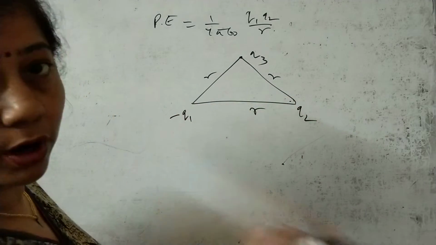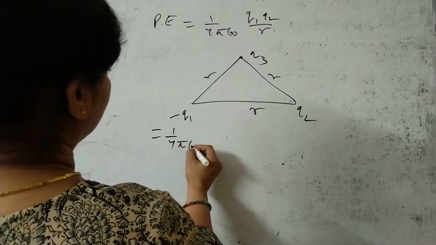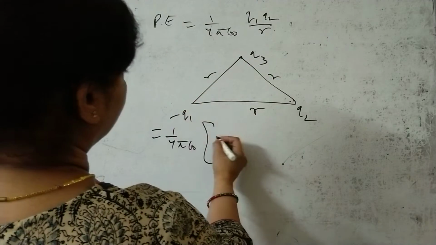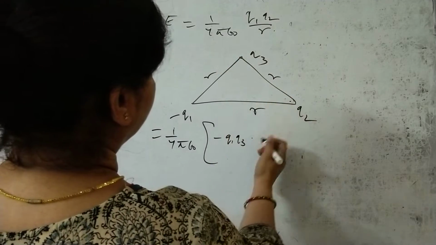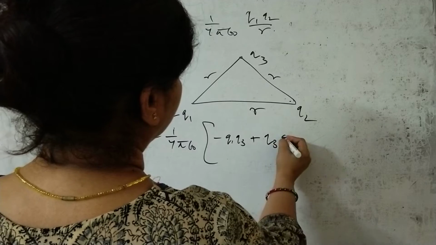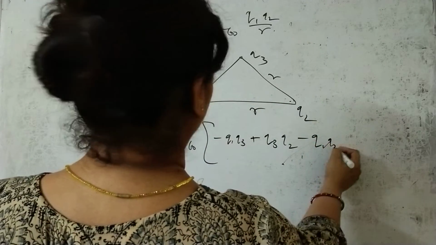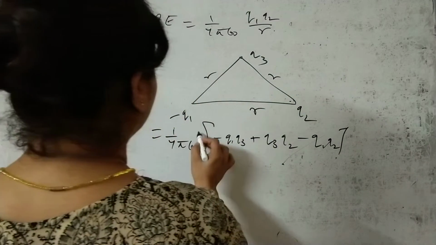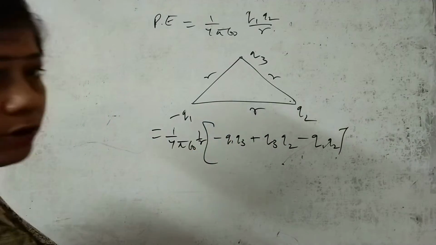You have to see that all have interacted. So we have 1 by 4 pi epsilon 0 as common, and let us assume we interact Q1 and Q3, so it is minus Q1 Q3, then Q3 Q2, and then minus Q1 Q2. Because the distance is the same throughout, you can divide by r, or take r outside.